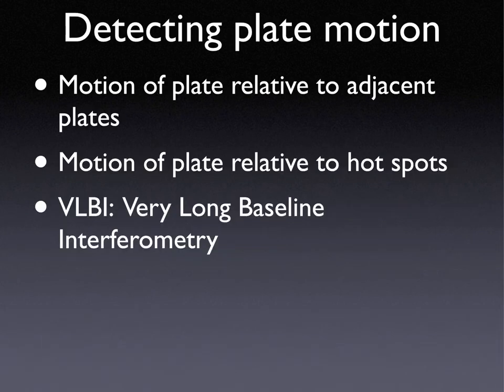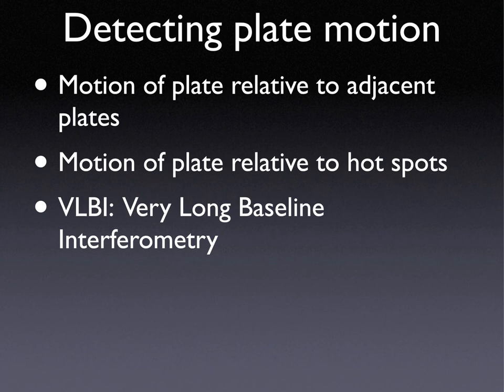We can also use high technology like very long baseline interferometry, where we use radio telescopes focused on a distant source of radio signals out in the far end of the galaxy, and we do sort of a triangulation problem.